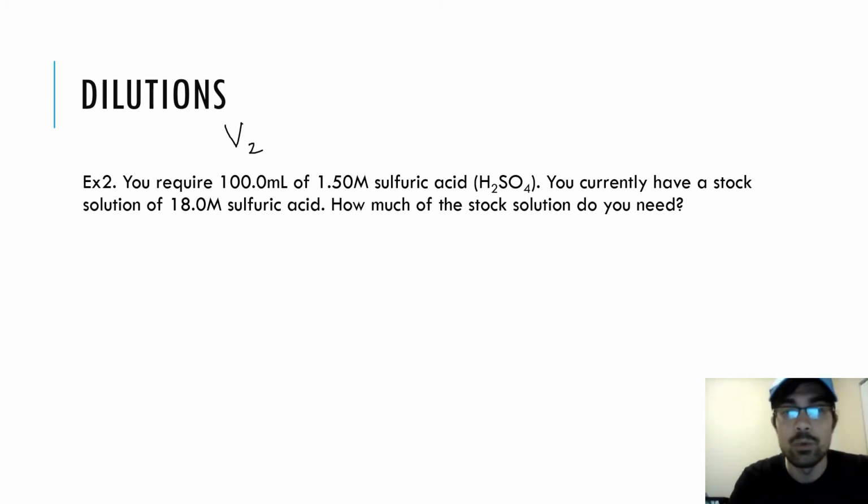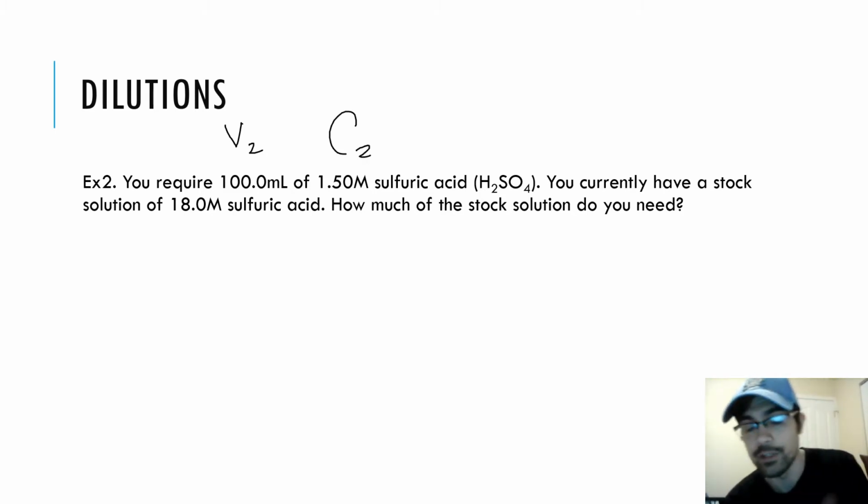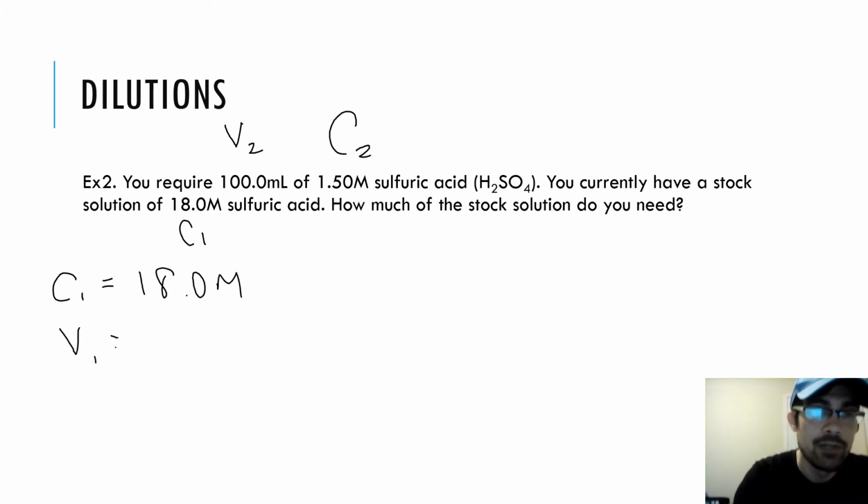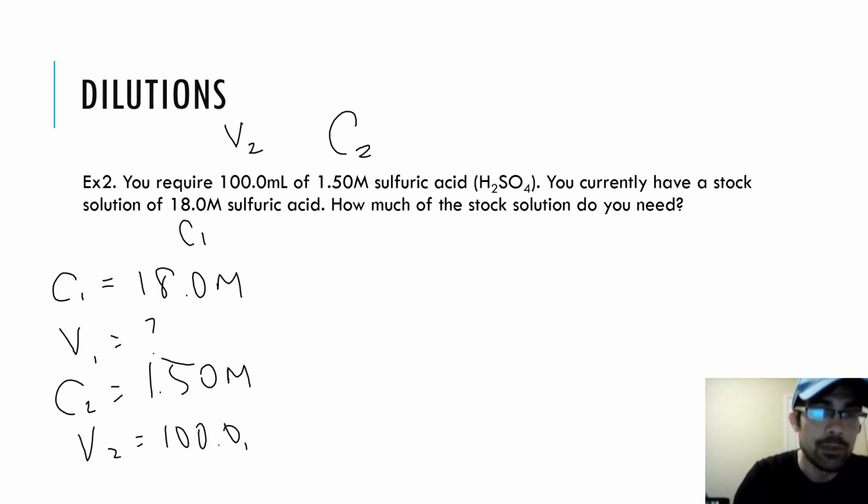That's the total volume that we need at the end. We have C2, what the concentration is going to be at the end. And we have C1. So again, just to write it a little more clearly, C1 is 18.0 molar. V1, we don't know. C2 is 1.50 M, and V2 is 100 milliliters.